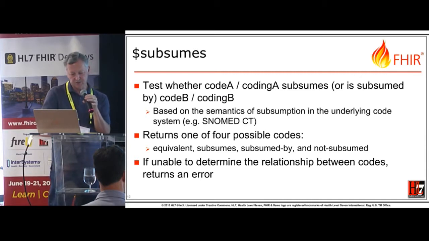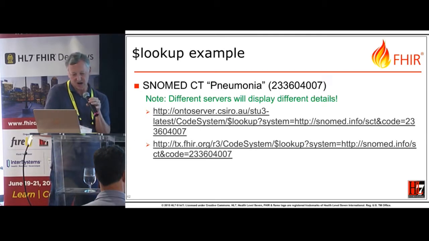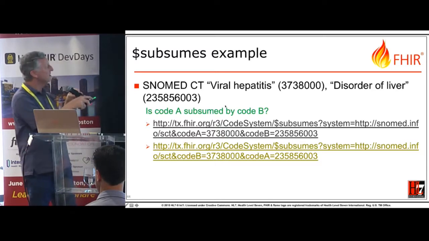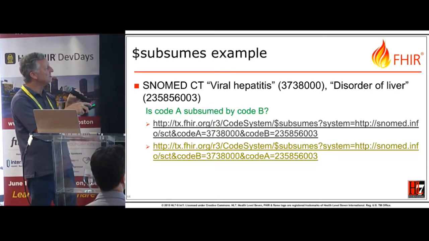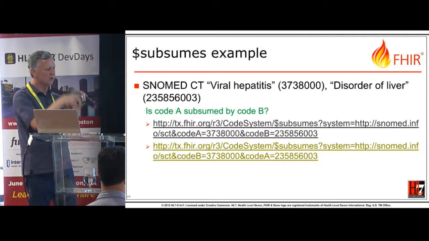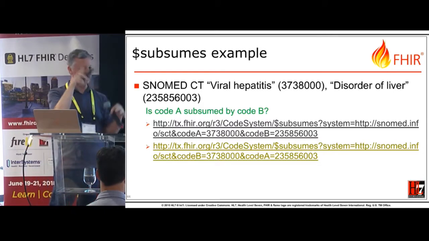And then subsumes, and then I think I'll have to stop, but let's see. I wanted to show that you can leverage the hierarchy here and say, I've got a SNOMED CT code for viral hepatitis, this one, and disorder of liver, this one, and I want to know if one of them is a descendant of the other.